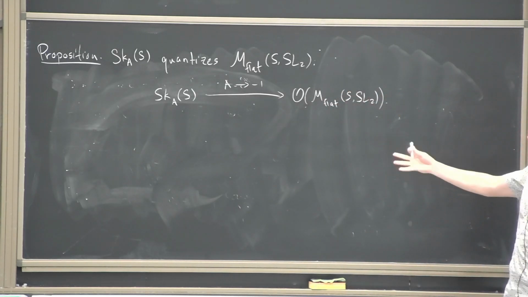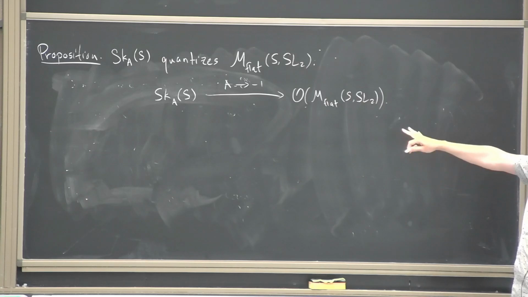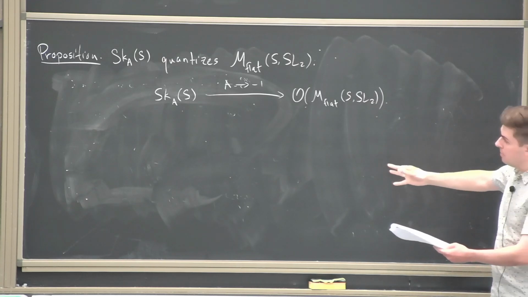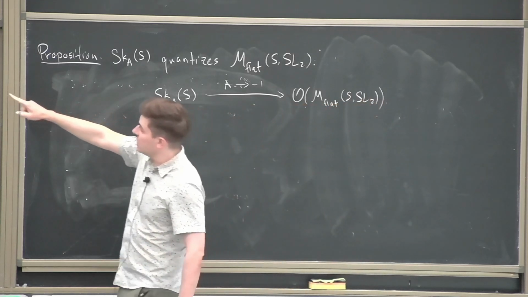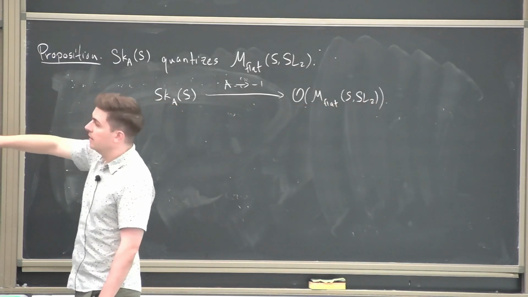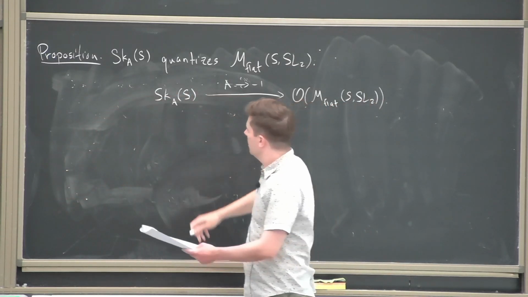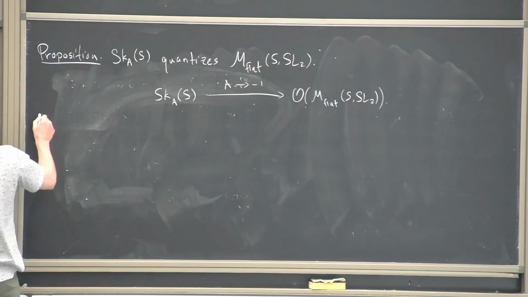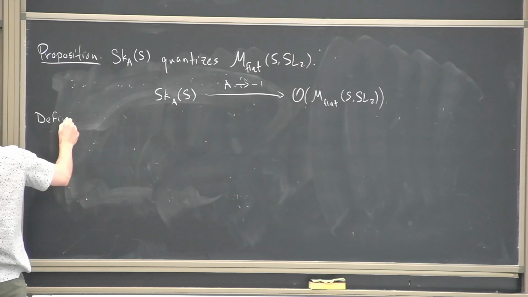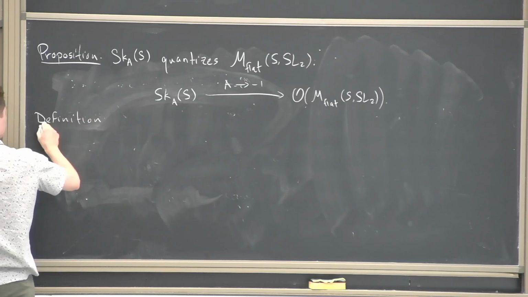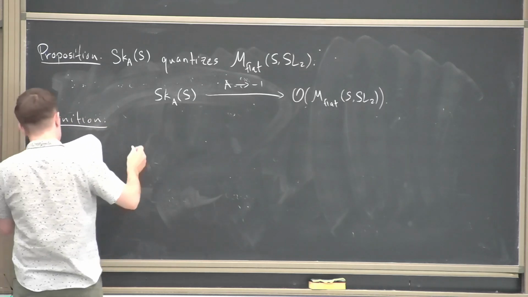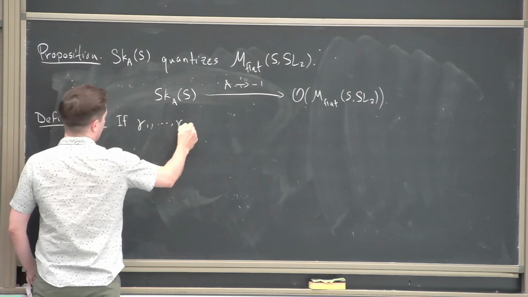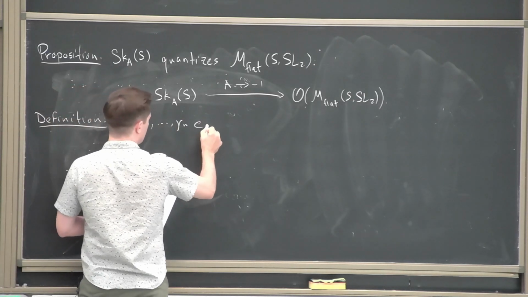So that's what the skein algebra is. That's why it's important. Maybe I should also mention, because we deal with surfaces with boundary, there's a variant of this definition here. So let's again suppose that gamma 1 through gamma n are some loops.